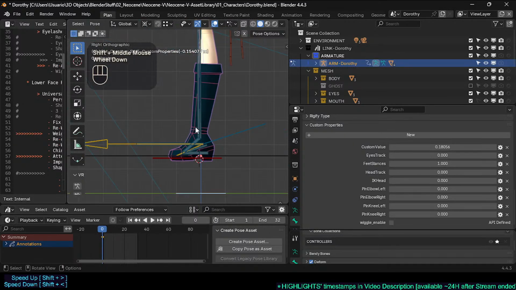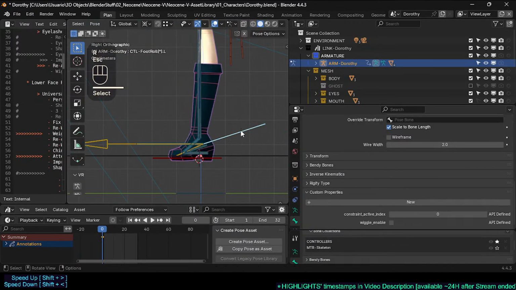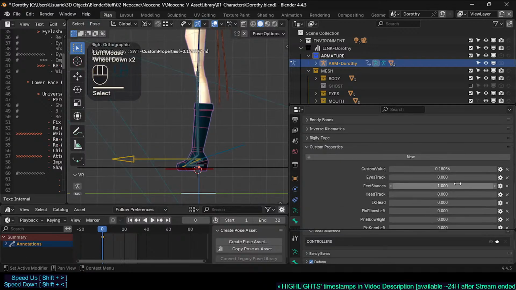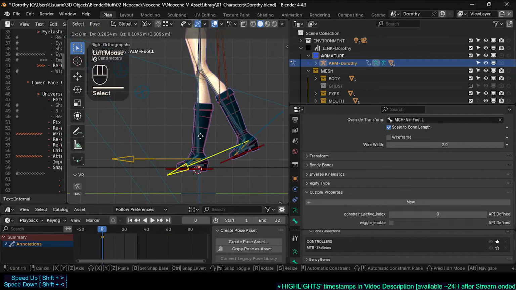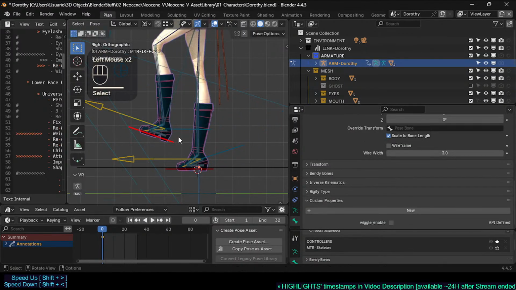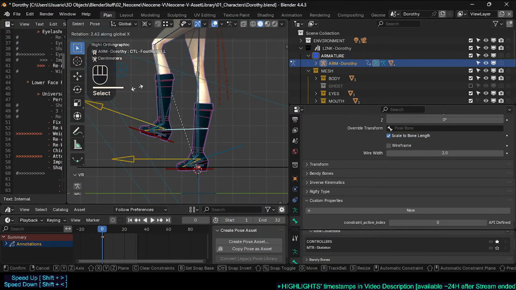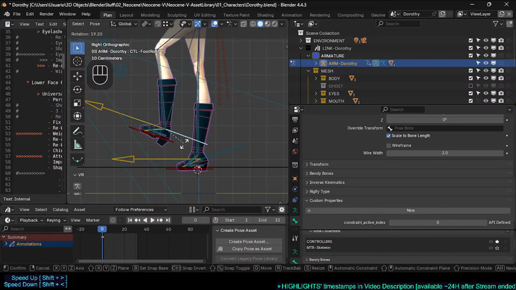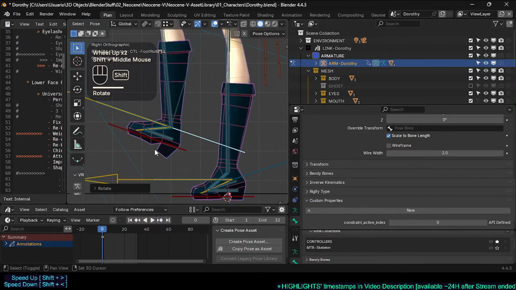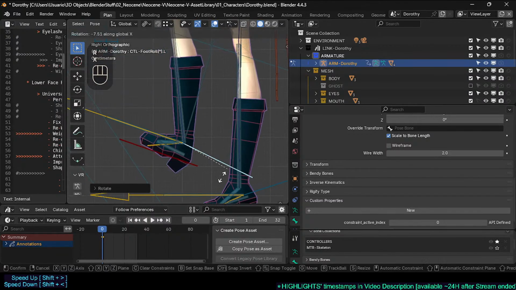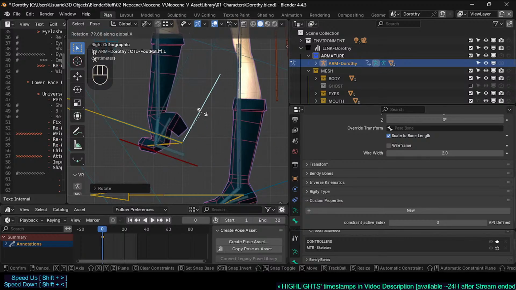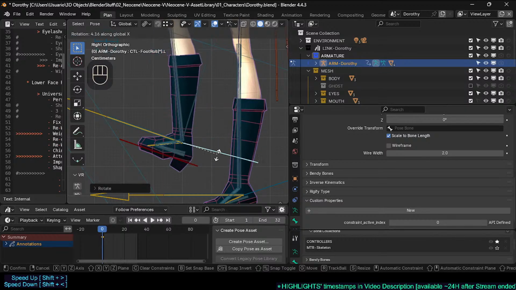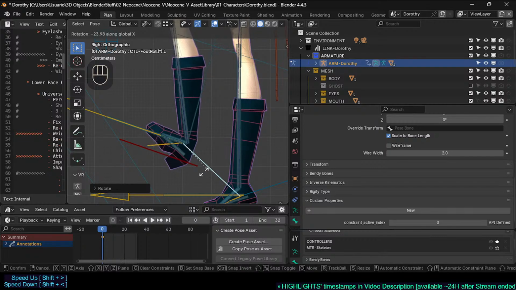So this seems to be, yeah, this one seems to be properly rigged now. And so here we got, yeah, so here the limit, still something weird here. I'm not sure, yeah, it's probably the deform, but here is fine. It's just in this rotation here.